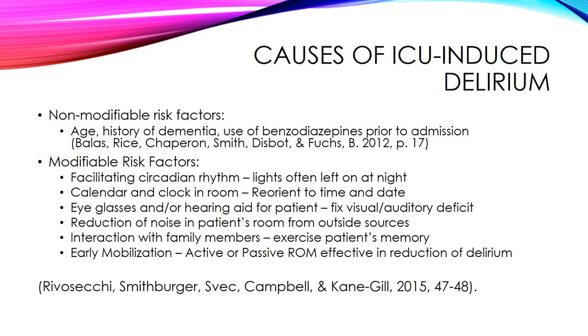Modifiable risk factors include facilitating a circadian rhythm, having a clock and a calendar in the room to help reorient the patient to the date and time, giving them their eyeglasses or hearing aid if they're prescribed, and reducing noise in the patient's room and from outside sources, such as a television or a radio. Interaction with family members also facilitates remembering and their memory to help reorient them to the unit. And early mobilization is very effective in reducing delirium and also restores a sense of control for the patient.